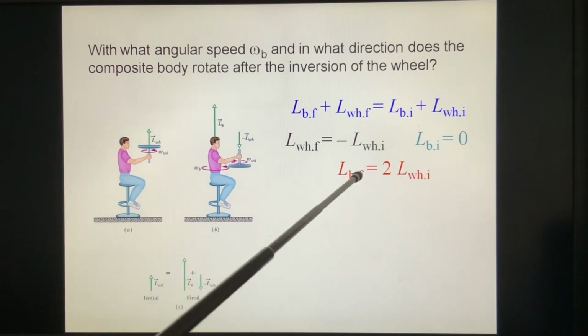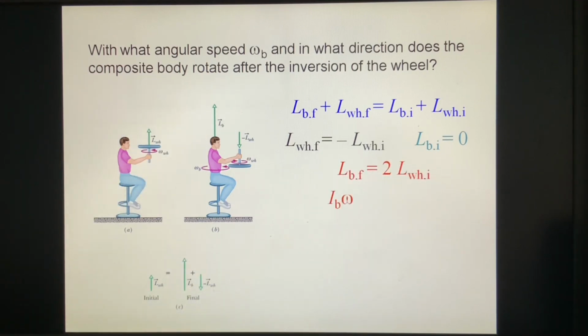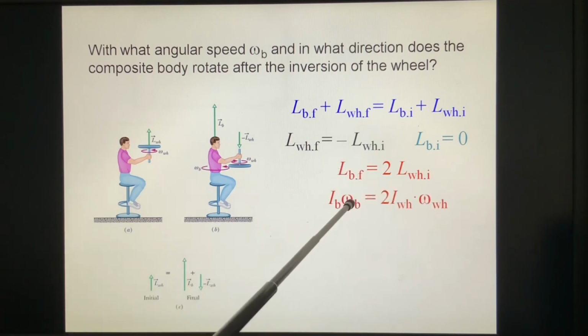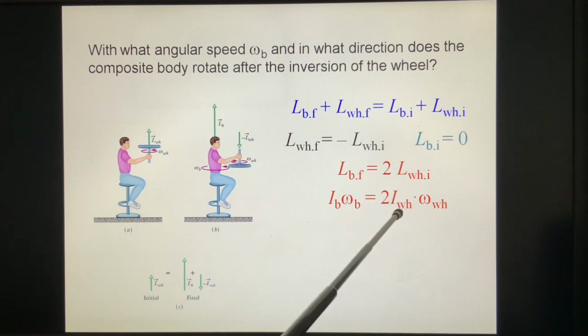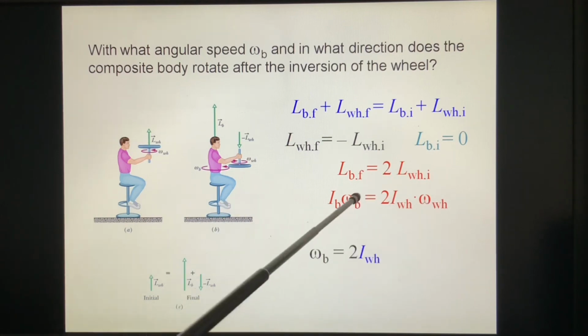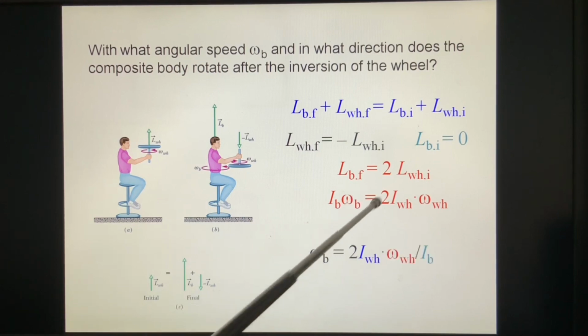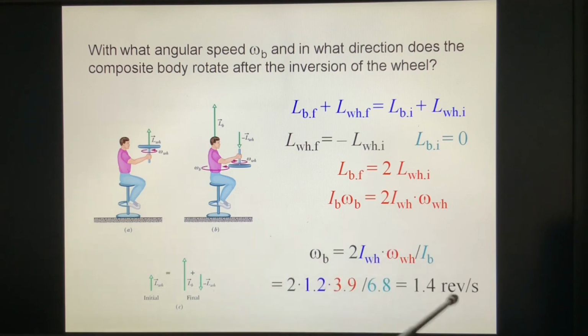When you write it out, it is I_B omega_B equals 2 I_wheel omega_wheel. And we find the angular velocity omega_B equals 2 I_wheel omega_wheel over I_B. So when you put the numbers in, we get 1.4 revolutions per second.